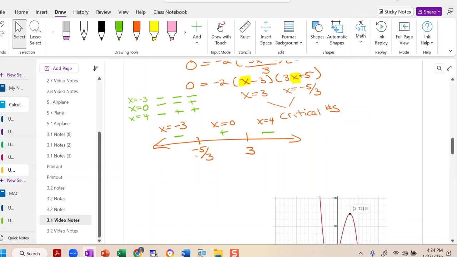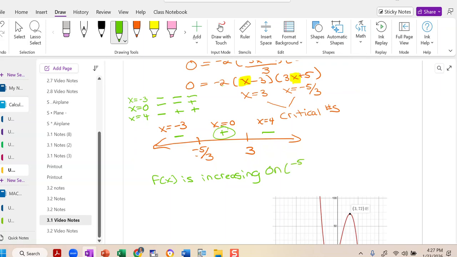So what this means is that the function is increasing where the derivative is positive, here between -5/3 and +3, and it's decreasing where the derivative is negative, so from -infinity to -5/3, and from 3 to infinity.